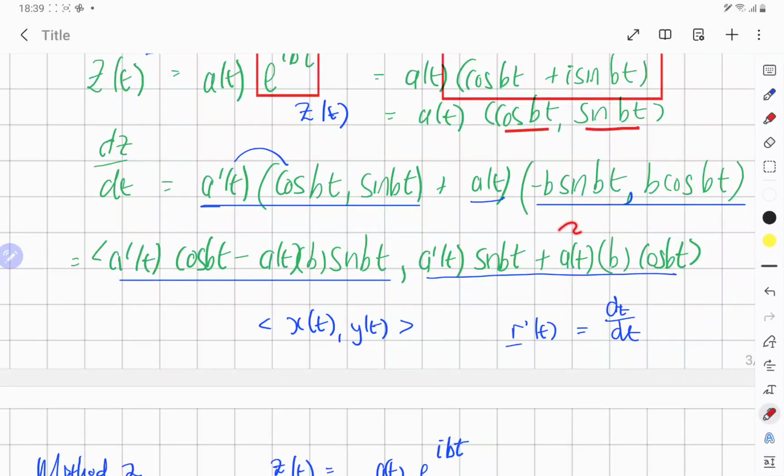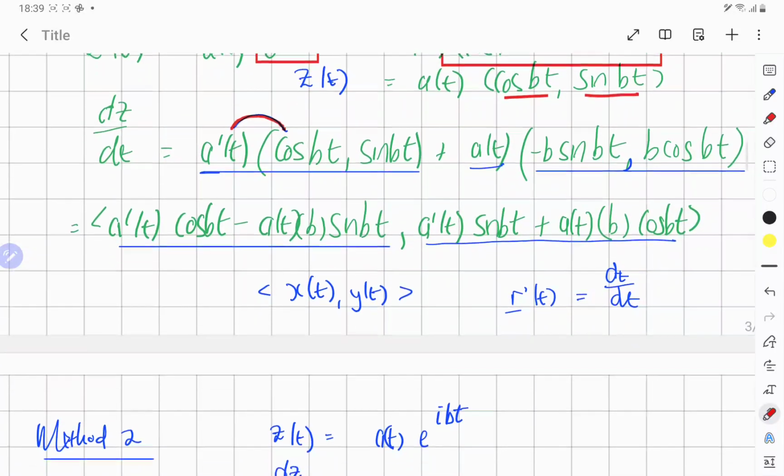For the x component, I am going to add all my x components, which is I will distribute that in. So, I will have derivative a'(t) cos bt. What is my x component here? It's a(t) times minus b sine bt. There I have my x component.